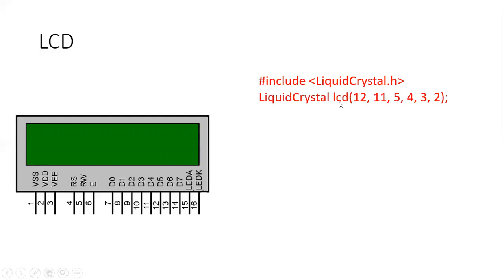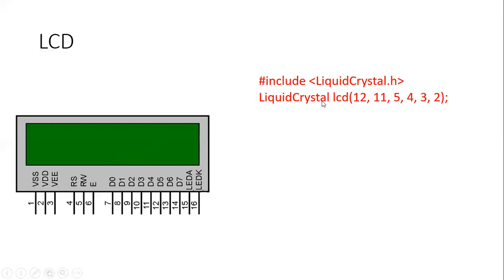The LiquidCrystal function creates an lcd object, and here we specify the pin details, as we might have discussed in previous classes. We have four data pins used here. Some LCDs use 8 data pins to display characters, and some LCDs use only 4 pins.